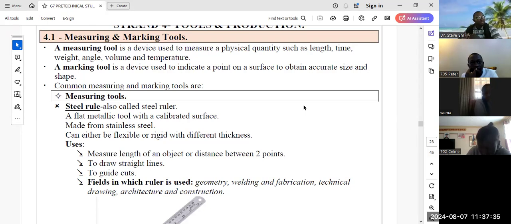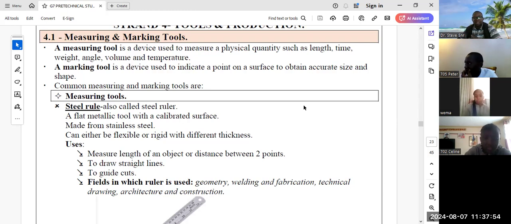You might have to cut a manila paper into a triangular shape, a square shape, or a rectangular shape. You place the steel rule against the paper at a desired length and you cut the paper. It just gives you straight edges.